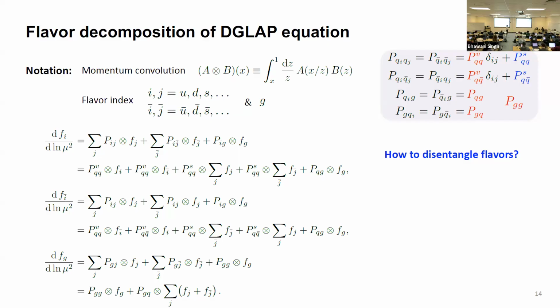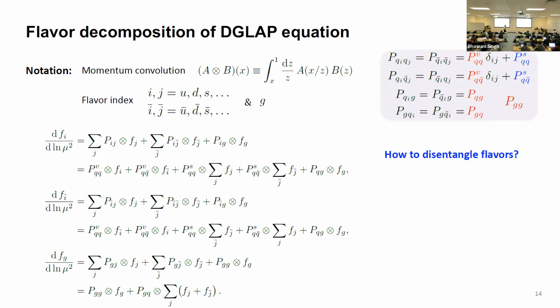And a similar thing applies to all the other calculations, and you should be getting this. The reason why we are doing this is to make use of these symmetries to decompose the parton flavors of DGLAP evolution as much as we can. This will be very useful if you try to solve these DGLAP equations.